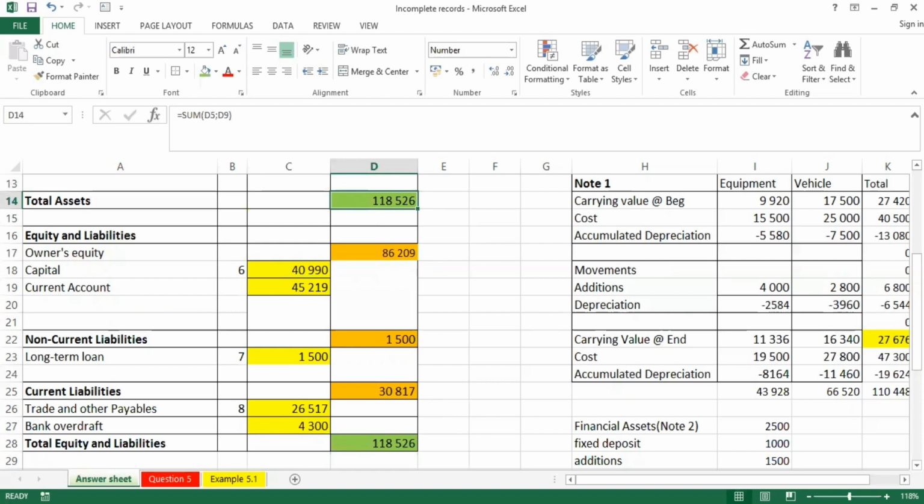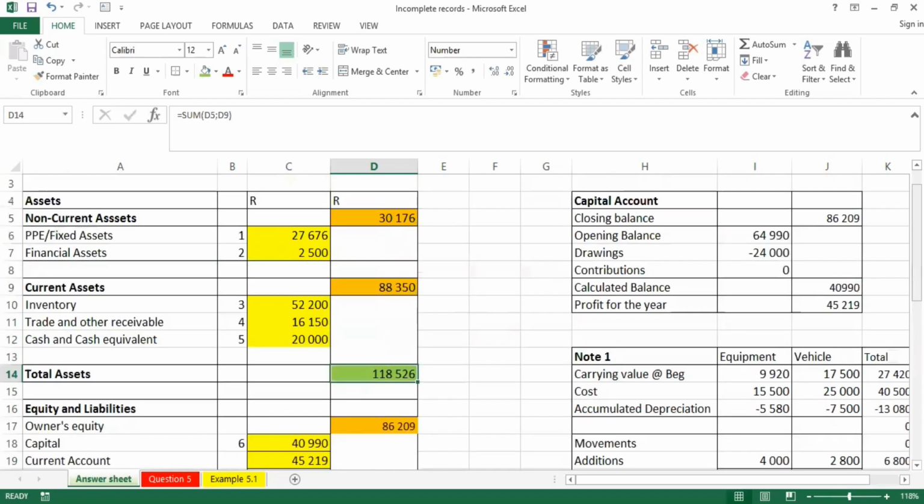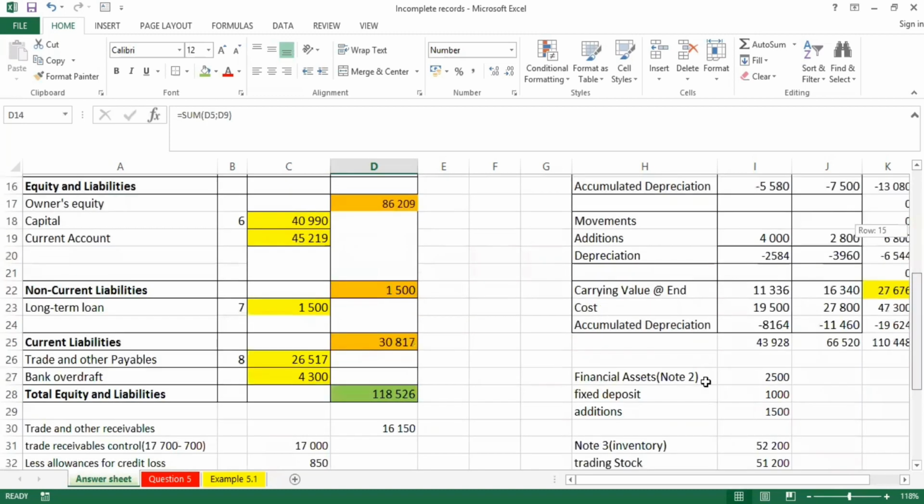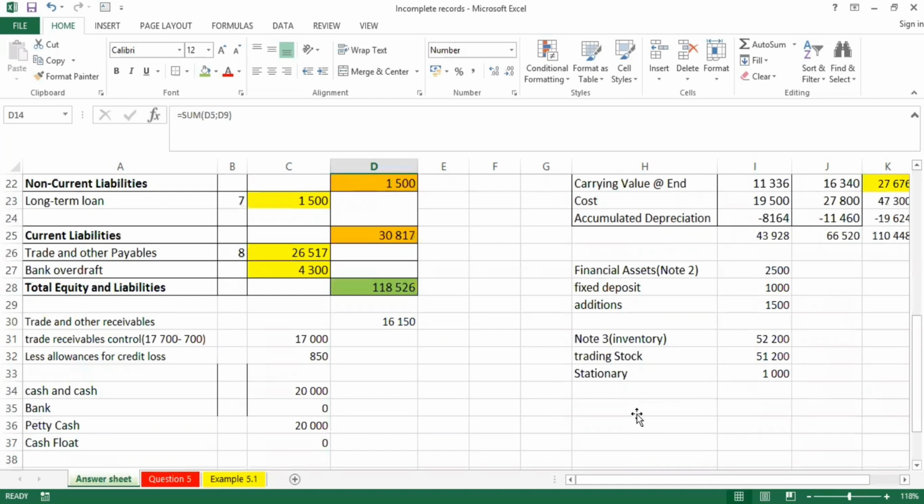Okay, so I said I will show you the two ways of how to calculate your owner's equity. So now let's do it using the statement of change in equity.